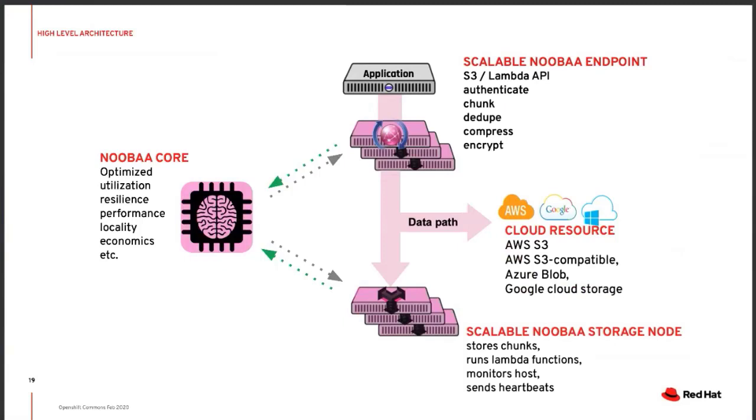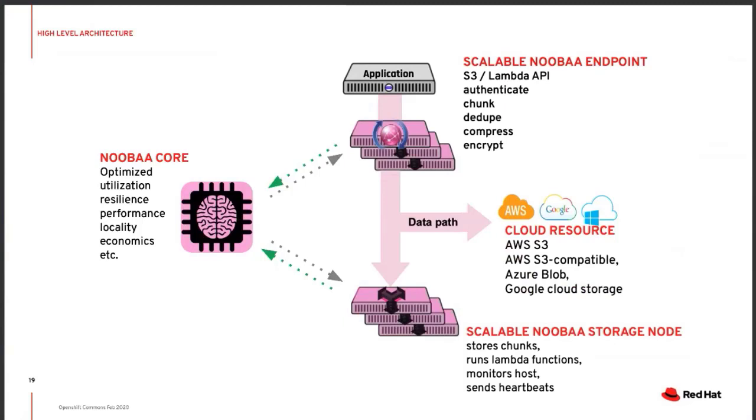So only blocks that are unique will actually be stored. In addition to that, it will compress the data. So it will first chunk it up in pieces, then it will get rid of the doubles, then it will compress, squeeze it all together, and then it's also possible to encrypt that data. So to set an encryption on it, and then one of the questions that's often asked, hey, how about the encryption key? Yes, you as a customer can define that, and you can actually maintain your own key and have your own key on-prem.